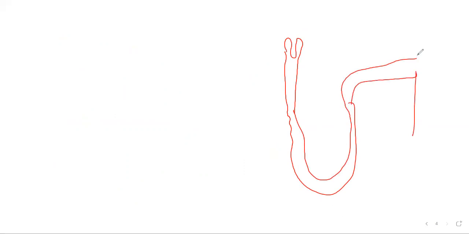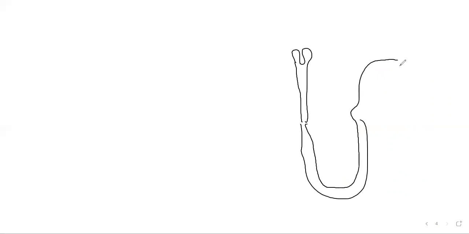Then, Henle's loop. Along with Henle's loop, I am going to draw a nephron for you. This is Bowman's capsule, proximal convoluted tubule, and descending limb and ascending limb of Henle's loop. I already said about cortical fluid and medullary fluid. Let me use another color, the black.